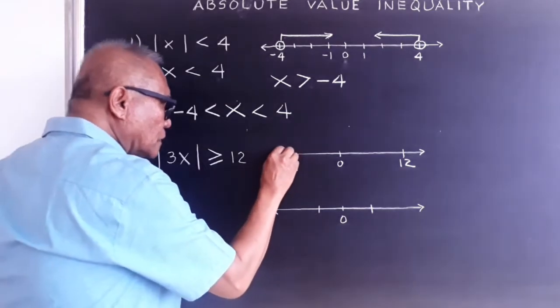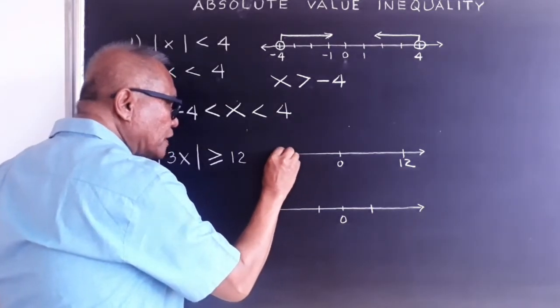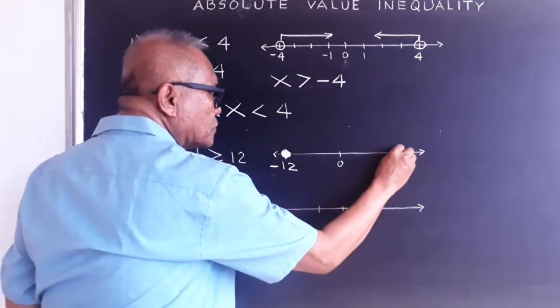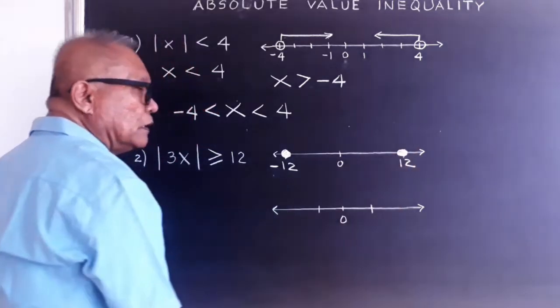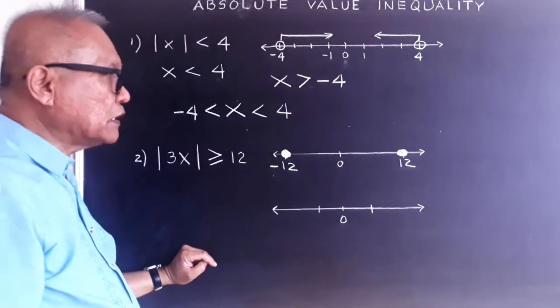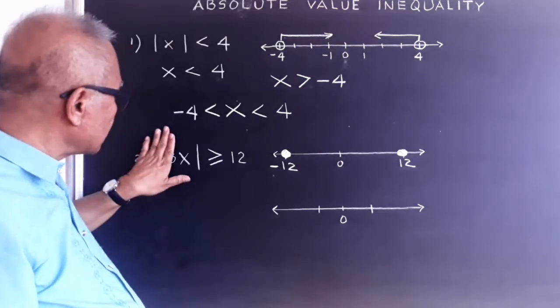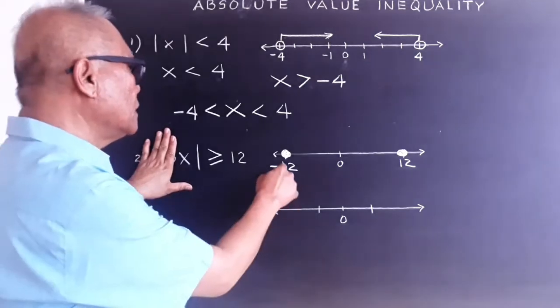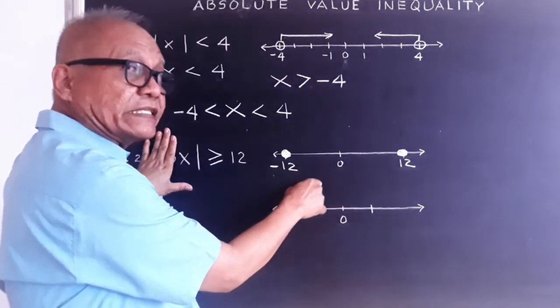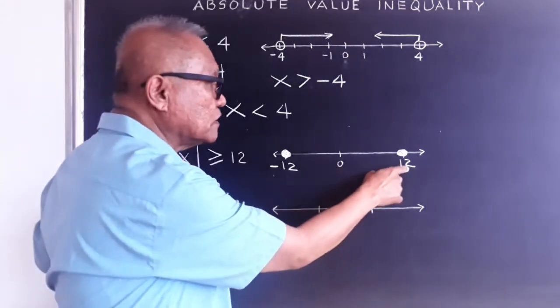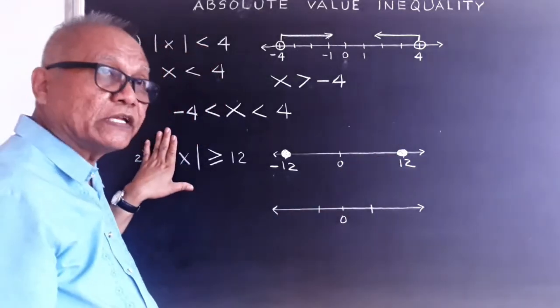And this -12 can be included in our solution. This one also can be included, but we are not sure if they are really included. We need to solve for this one. If that one is x only, then we have x is greater than -12 and x is less than +12.